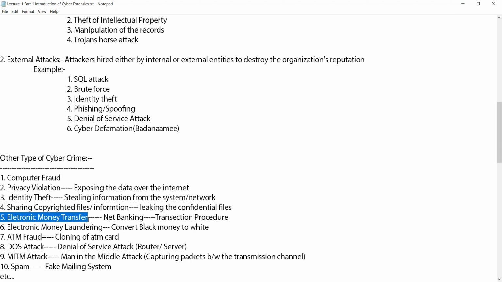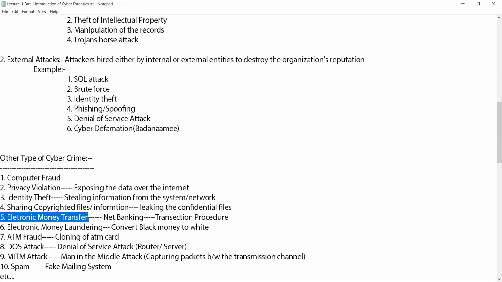And nowadays the cyber criminals are using types of links and other things like OTP bypassing procedures, and MITM attacks are also done by the attackers. Man in the middle is a type of attack in which the cyber criminal basically captures the packets in the transmission channel.